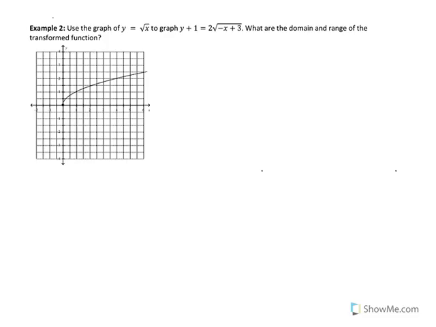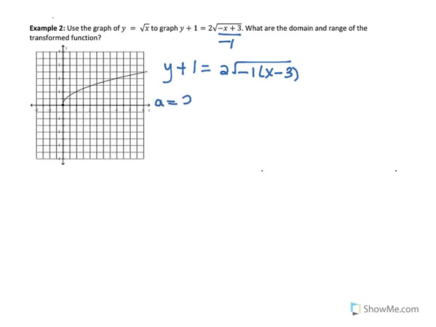So same graph, square root function, and we're going to do the following. Same thing here, we're going to take out a -1 because we need it to be in the right form. So now my function looks like this.